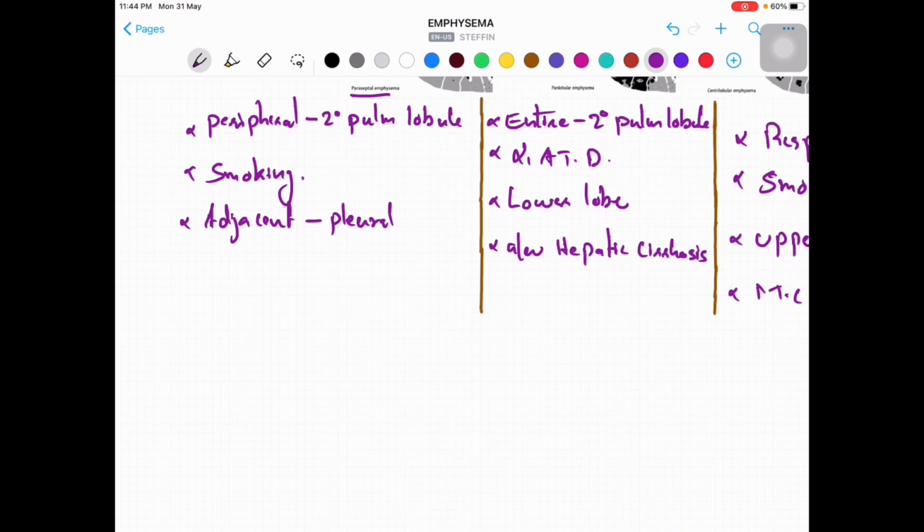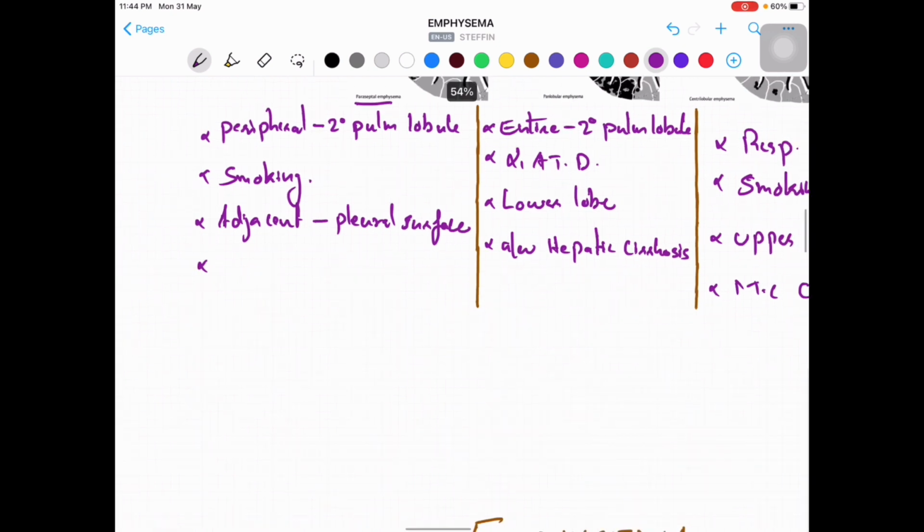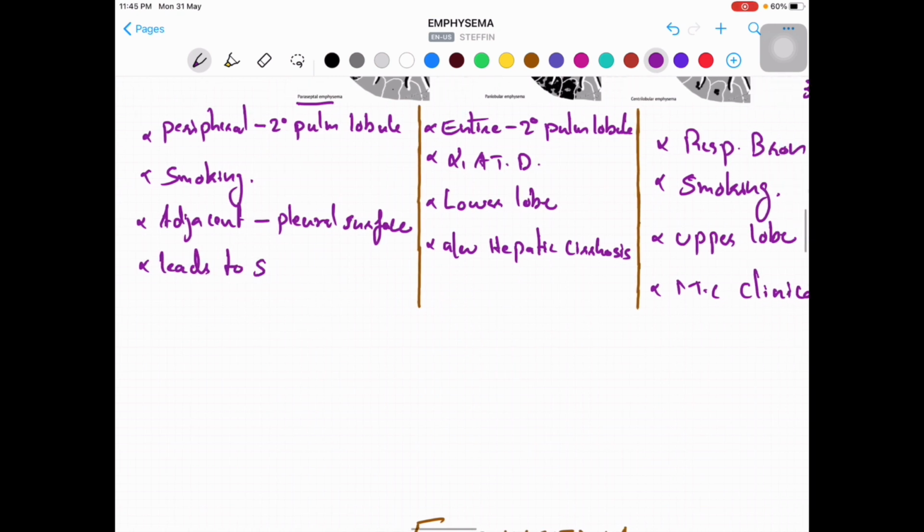It is associated with, or can lead to, spontaneous pneumothorax.